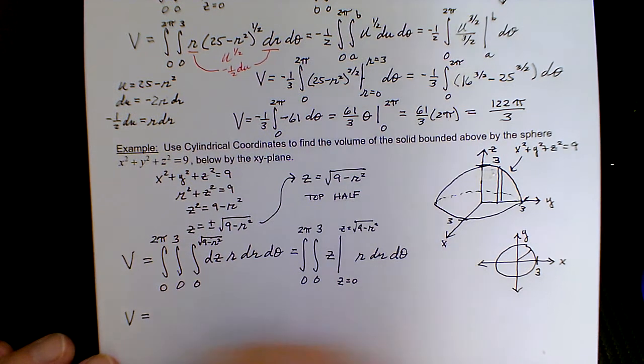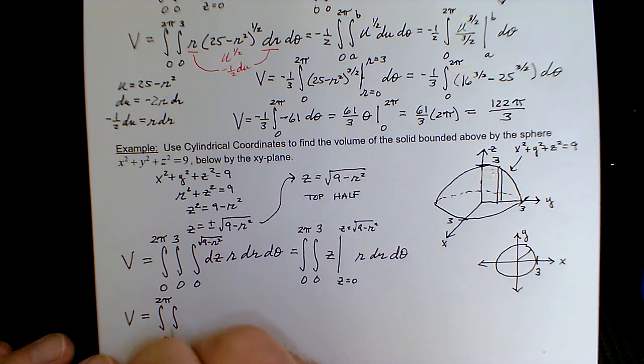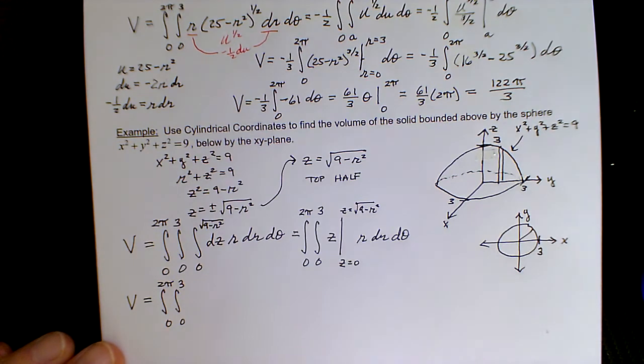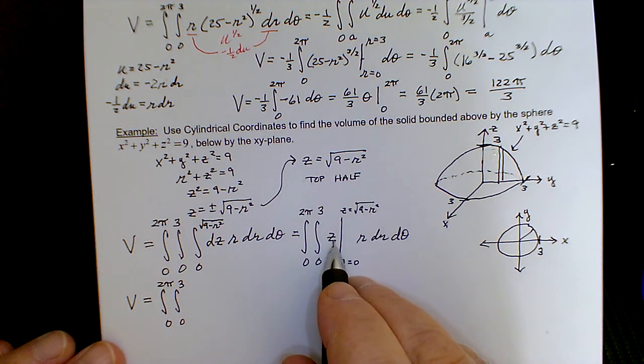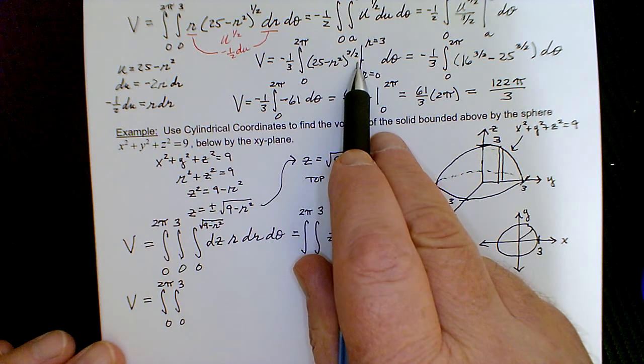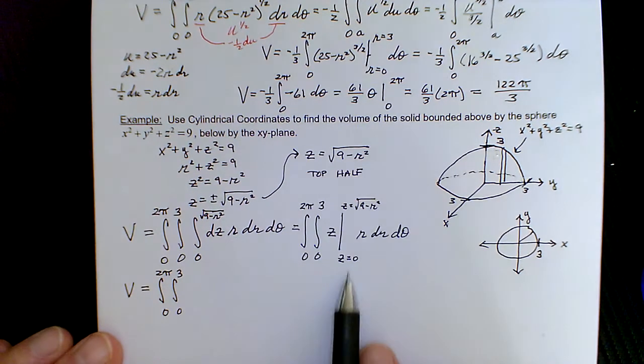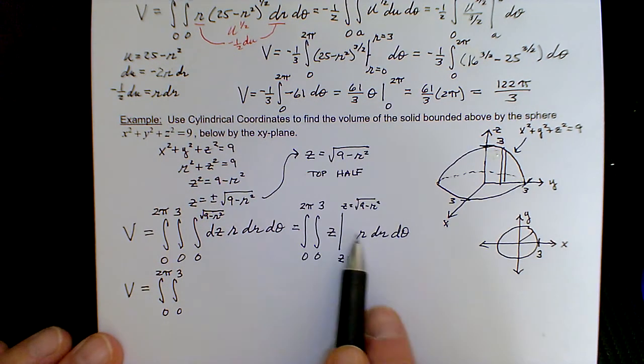Okay, so that gives us upper limit goes in. And so that is the square root of 9 minus r squared. And when we put the lower limit in, this is almost identical to the last example. And when we put the lower limit in, we get a 0.